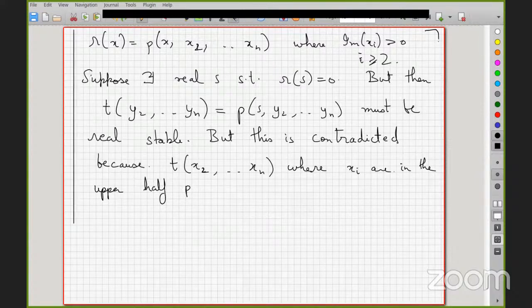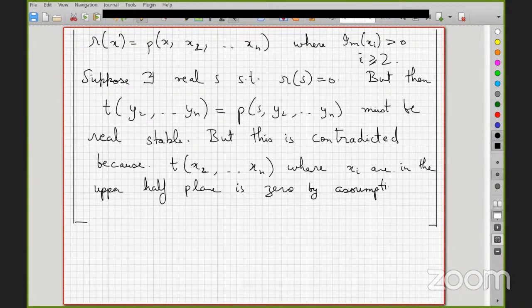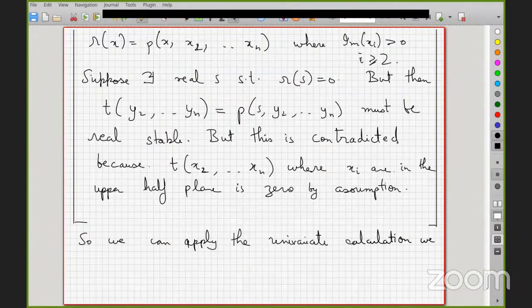This is just the proof of the thing we did. So we can apply the univariate calculation we did earlier to get a contradiction to the assumption that the imaginary part of x1 is also the same.